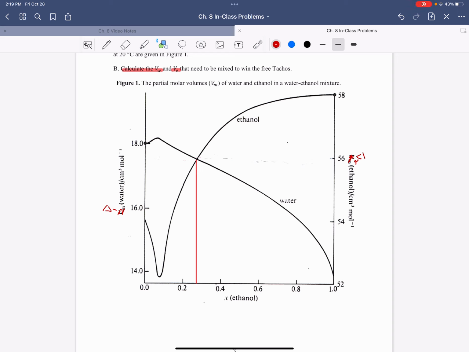Okay, so if we go, it intersects water here and ethanol, basically it's the same place. Okay, so for water, it's about 17.7 centimeters cubed per mole, and for ethanol, it's about 56.